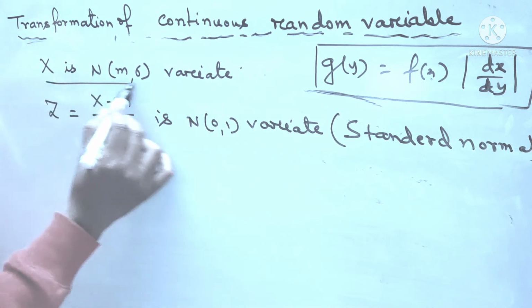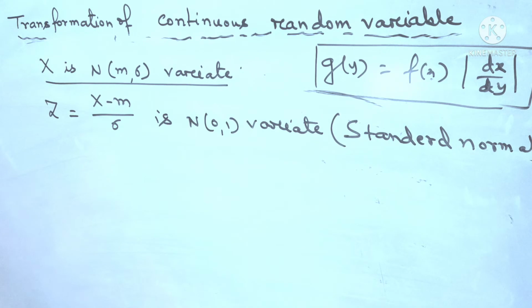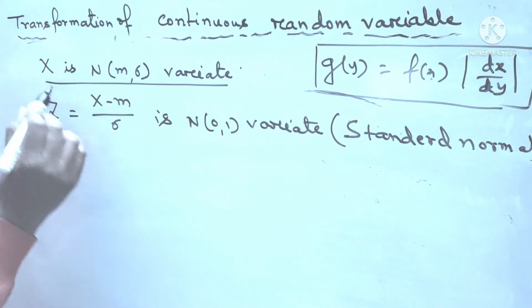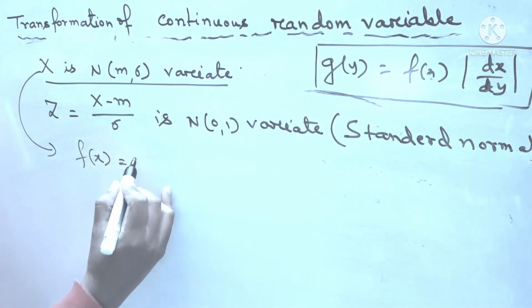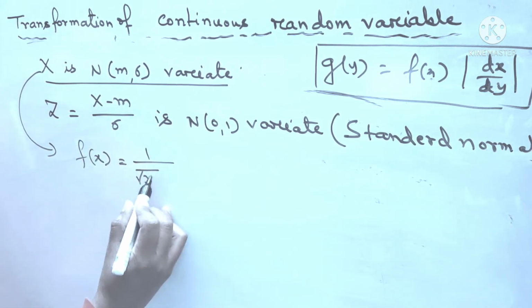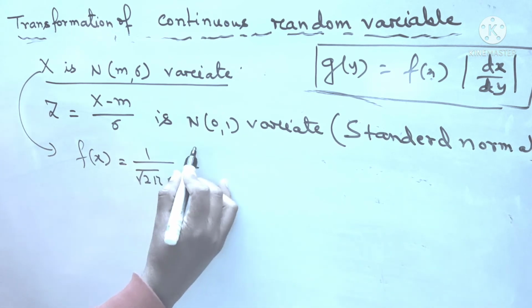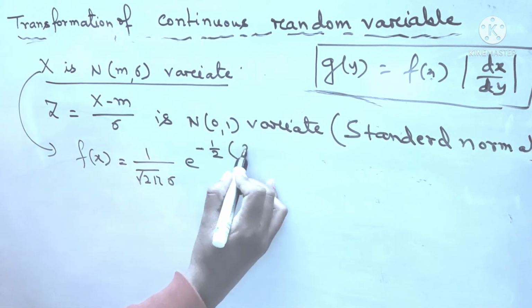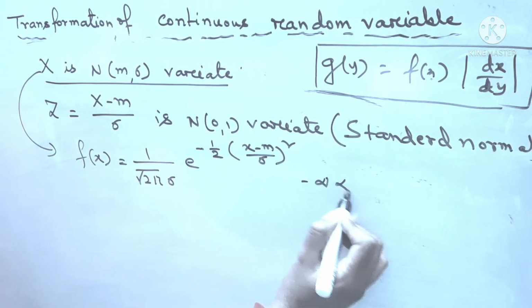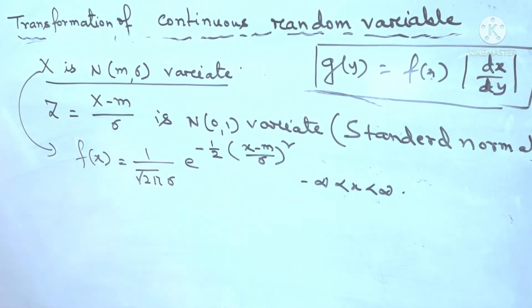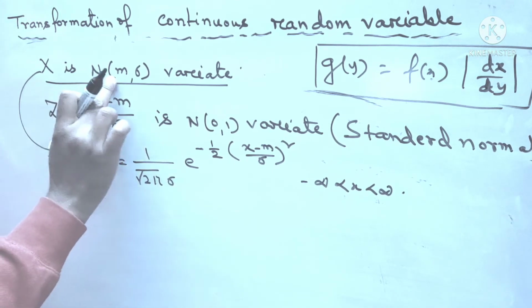It is given that X is normal(m, sigma), and we know that the PDF of X is f of x equal to 1 by root 2 pi sigma e to the power minus half into ((x minus m) by sigma) the whole square, for minus infinity less than x less than infinity. This is the PDF of a normal(m, sigma) variate.